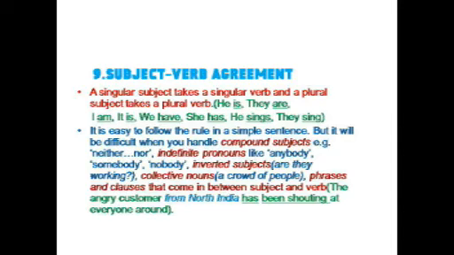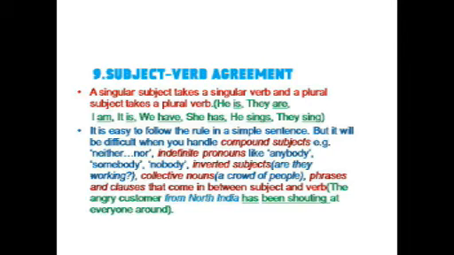Here the verb comes first, followed by the subject. If it is a statement, it will be they are working. So we can easily find out whether the verb is agreeing with the subject or not. Here it will be difficult because the verb is coming before the subject.